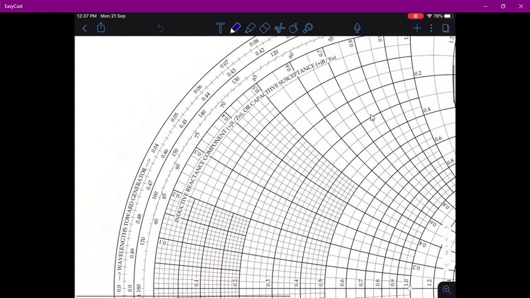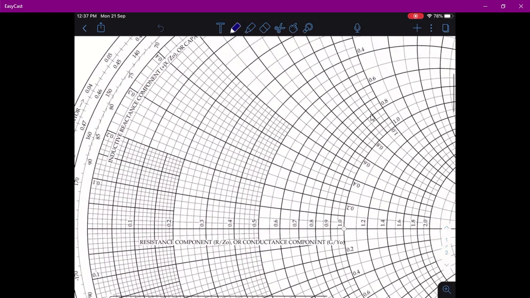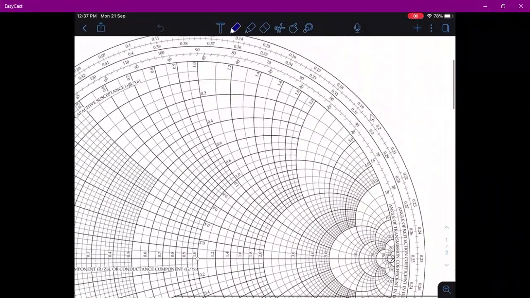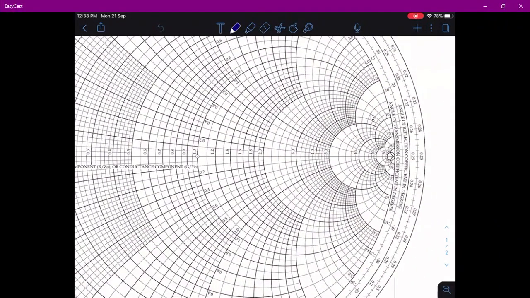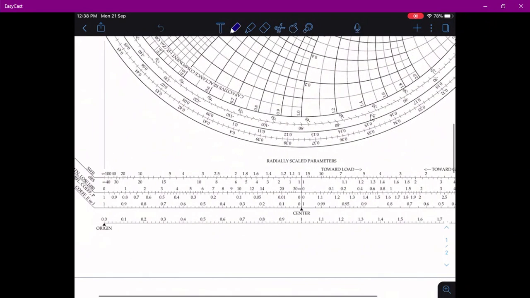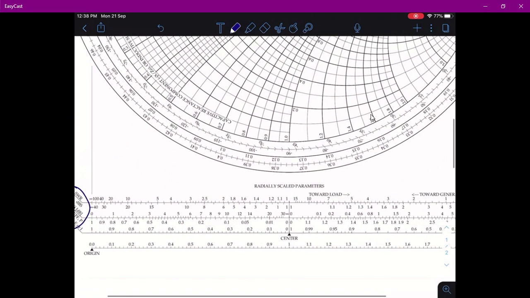There are many numbers, and it says wavelengths toward generator, inductive reactance, etc. And then you have very crowded numbers at the right side, and at the bottom you have scaled parameters where you have SWR, return loss, reflection coefficient, etc. So we are going to see what all these things are.